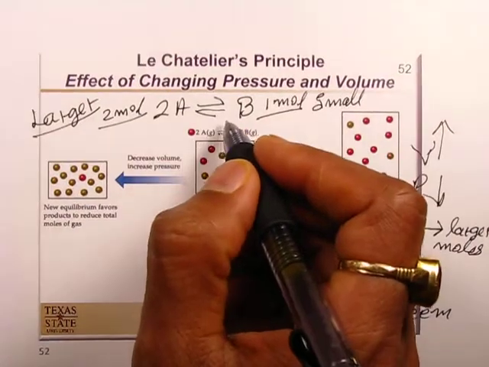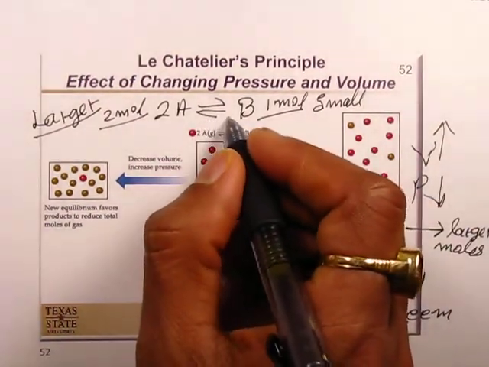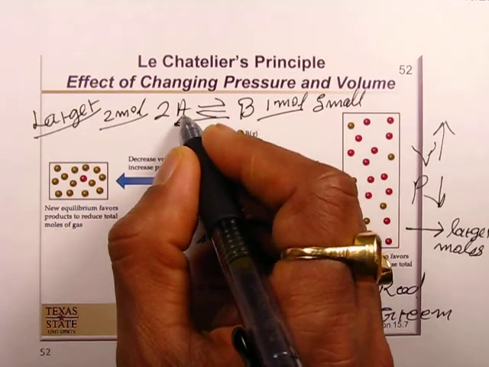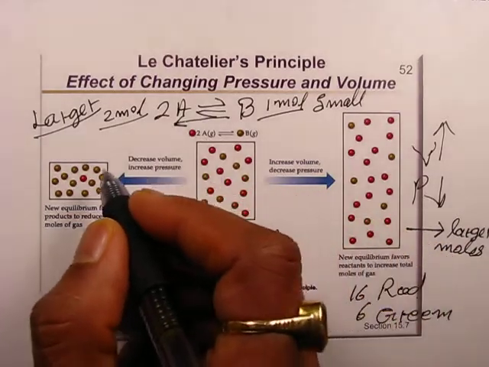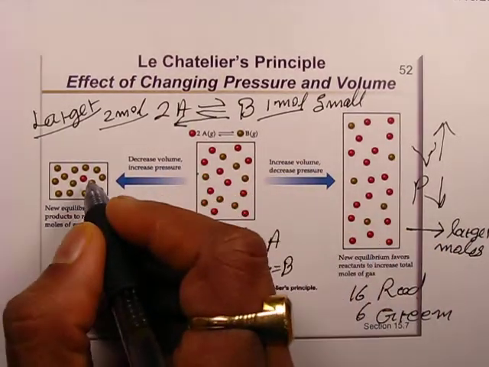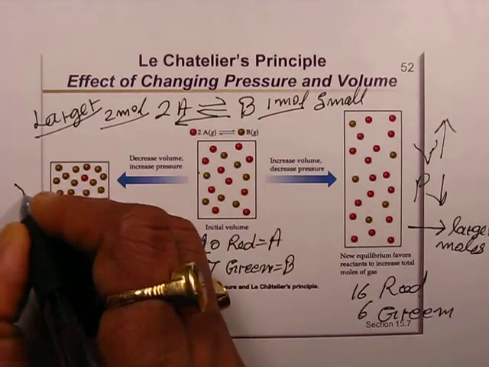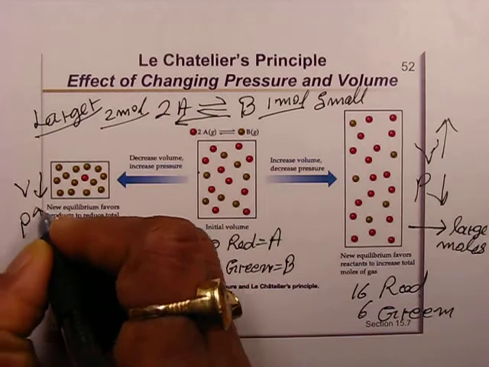So basically if you increase the volume or decrease the pressure, the equilibrium will shift toward the reactant side. And if we move to a further smaller container, basically here we are reducing the volume but pressure got increased.